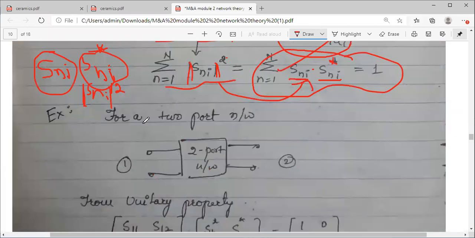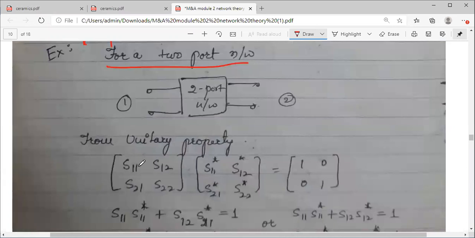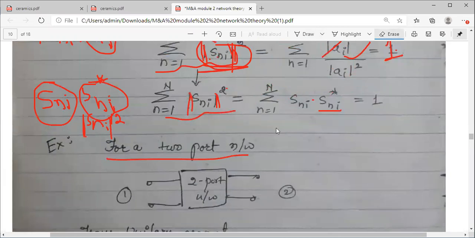The example which I explained just now before the proof, the same example is here for a two-port network. For a two-port network, just expand the summation from 1 to 2. Substitute n equal to 1, then 2.